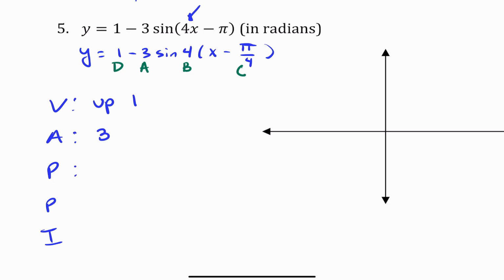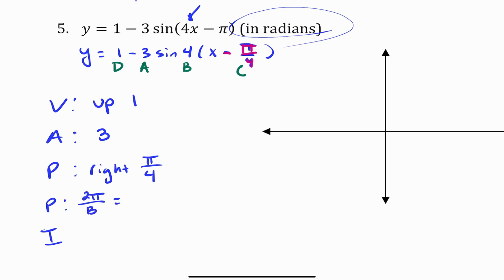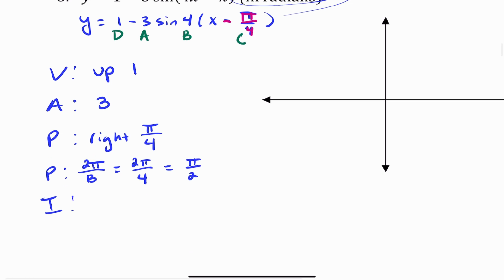Our phase shift, since we have a minus pi over 4, we are going to go right pi over 4. Our period, since we are dealing with radians, that's 2 pi over b, but our b value is 4. So 2 pi over 4 is pi over 2.